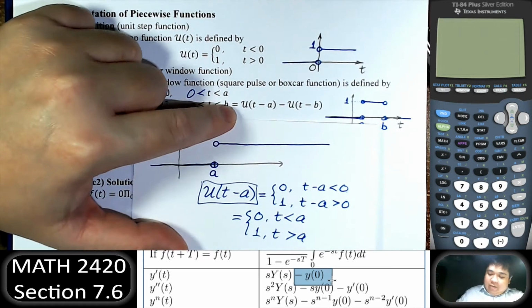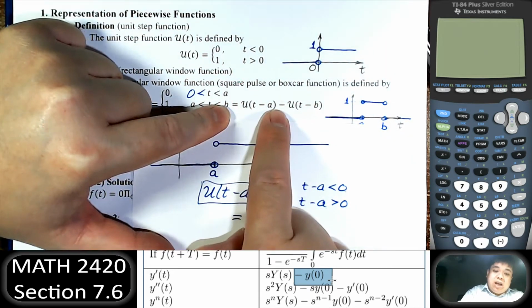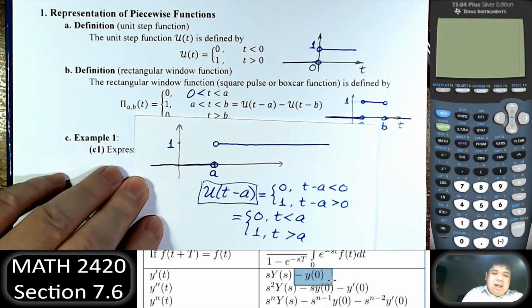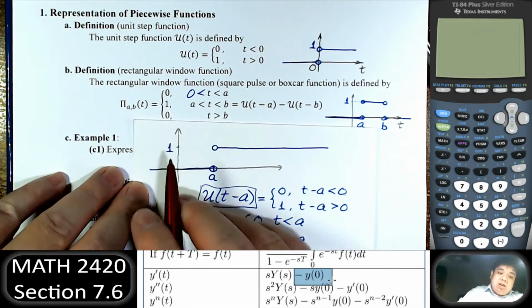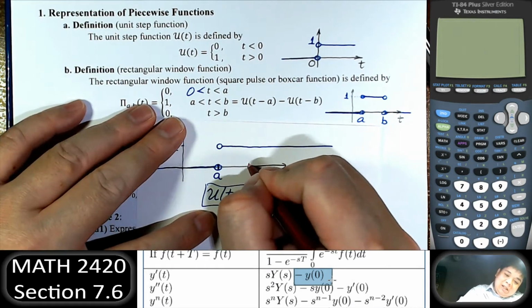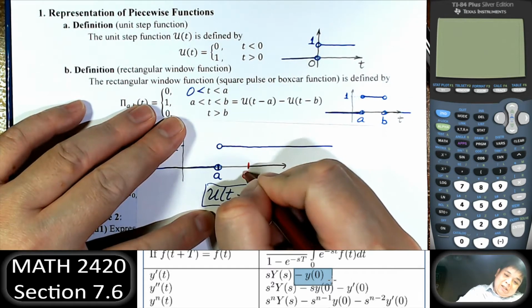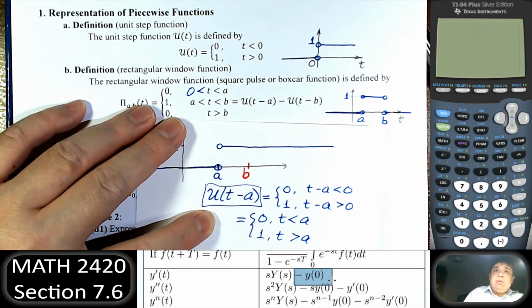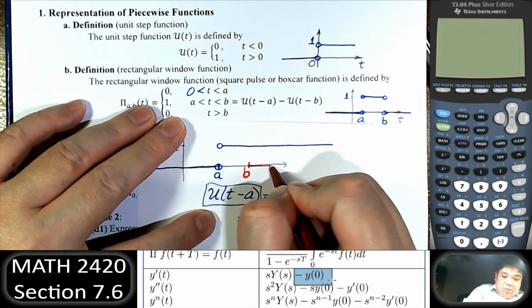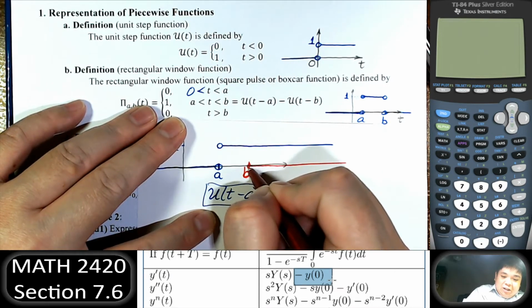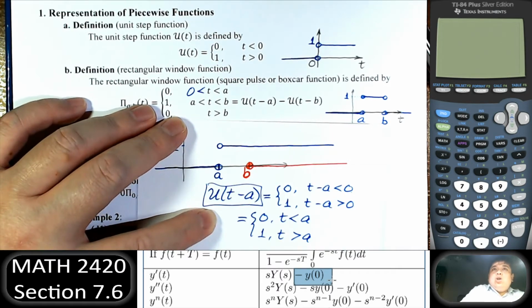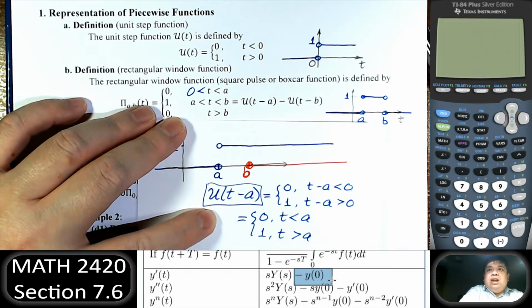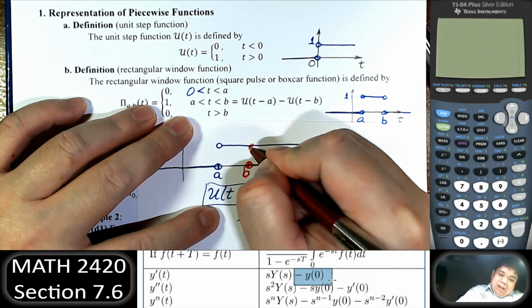So we have that first part, u of t minus A, but this function has to die off after B. So after B, it's going to be 0. How do we do that?